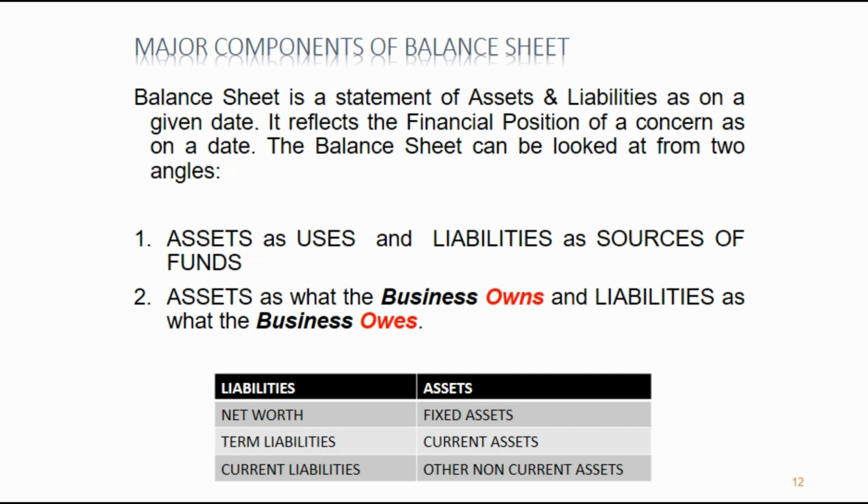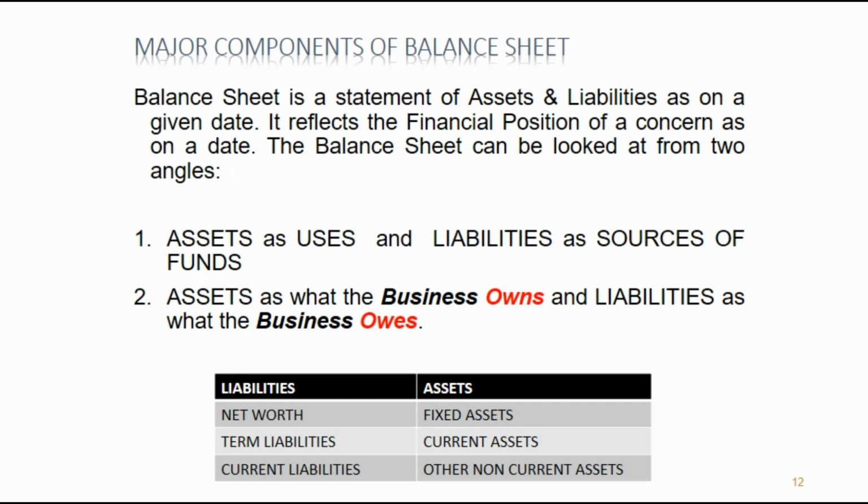Now, balance sheet is a statement of assets and liabilities which we all know, and it is as on a given date. So, whenever you see a balance sheet, it will be as on 31st of March 2019 or 18. So, that balance sheet will indicate the position of the company on that particular date. It reflects the financial position of a concern as on date.